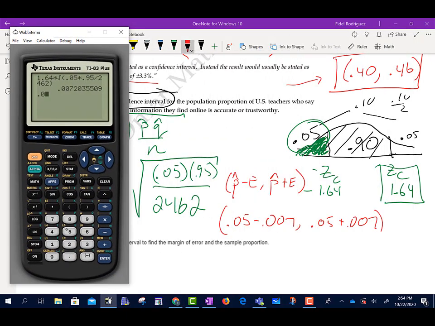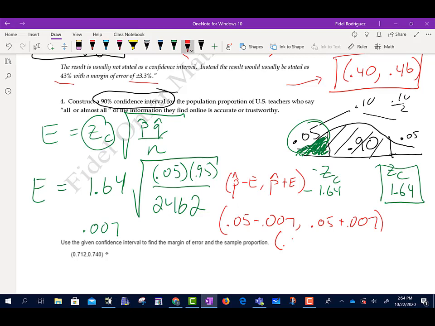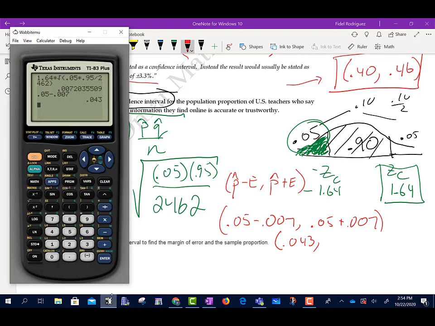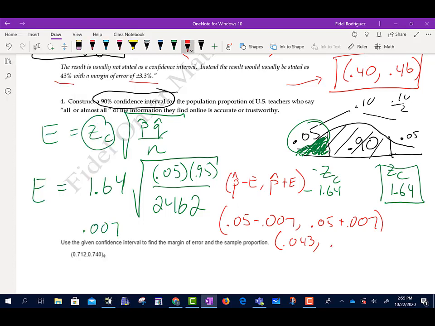So 0.05 minus 0.007. And so right here I'm coming up with 0.043. Right, that was the number we had there. And then if I'm going to add it, I'm just going to go second entry, and I'm going to change that minus right here, my friends, to a plus. And I'm going to hit enter and 0.057. And here's my confidence interval, okay?